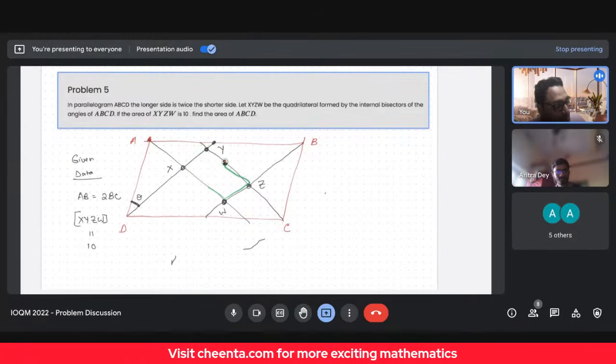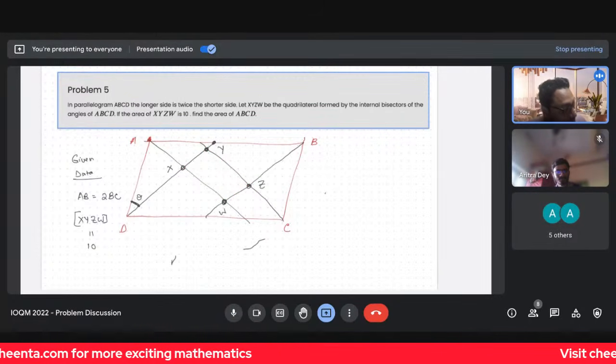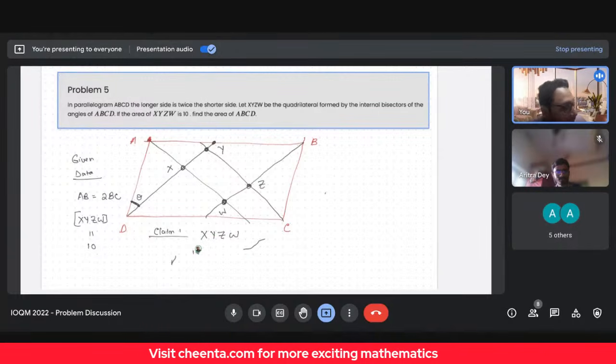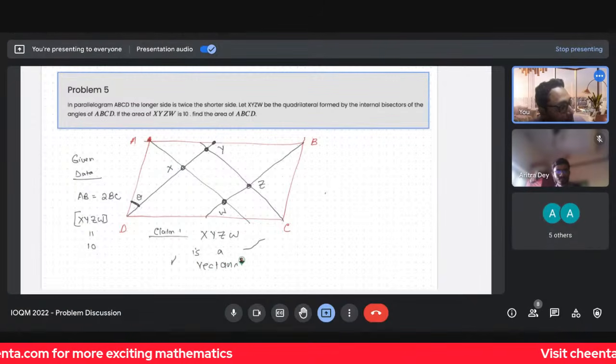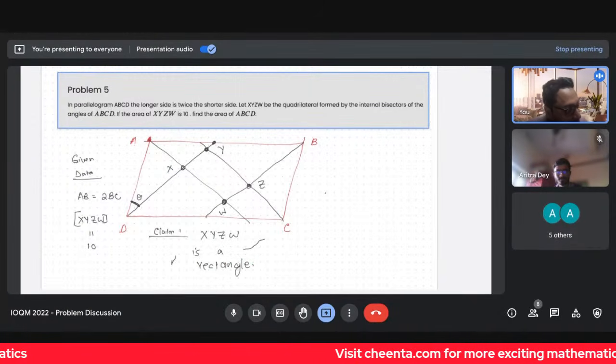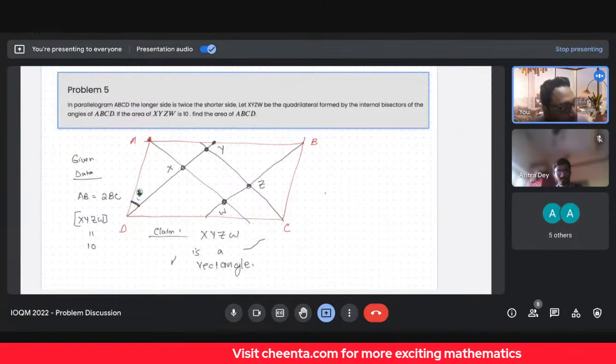Let me write that, maybe using a different color. So claim 1 is that XYZW is a rectangle. Why is that? Well, you can easily calculate this. One way to see this is like this.